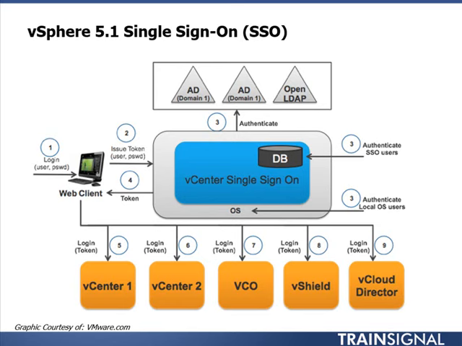In other words, this single token that you've received allows you to authenticate to multiple VMware virtual infrastructure services and applications running across multiple VMware virtual appliances and even multiple virtual data centers, perhaps even spread around the world.